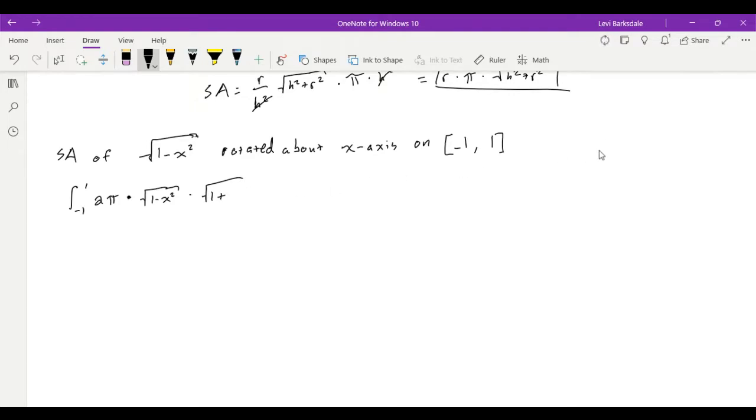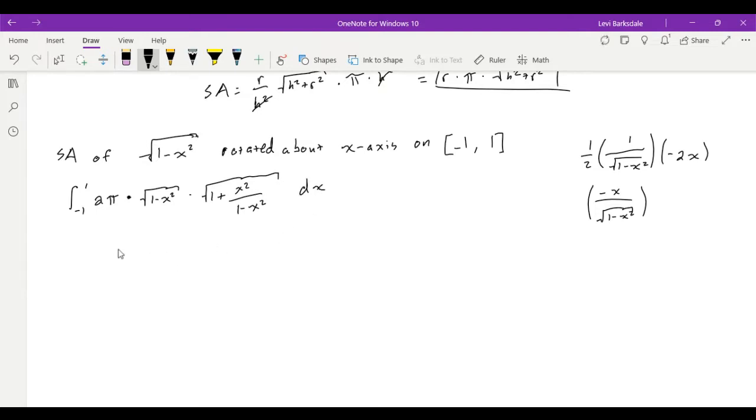In this case, our derivative is, here we need to use the chain rule, 1/2 times 1 minus x squared to the negative 1/2, so 1 over square root 1 minus x squared, times the derivative of the inside, so times negative 2x. And we can simplify this to negative x over square root 1 minus x squared, like so. Okay. And then we need to square this term, and that gets us x squared over 1 minus x squared.